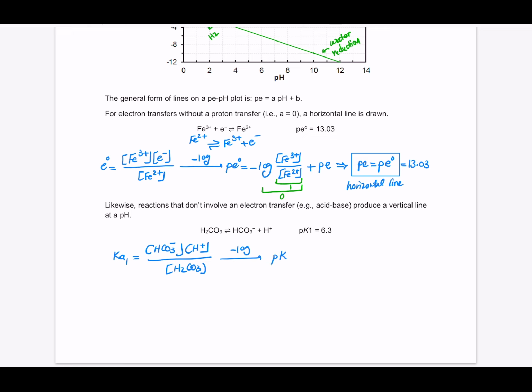And assuming that the ratio is the same, the ratio is 1, so the concentrations are the same, eventually we would get to this relationship. Or the opposite, pH is equal to pKa. In this case, 6.3. So this would be a vertical line.